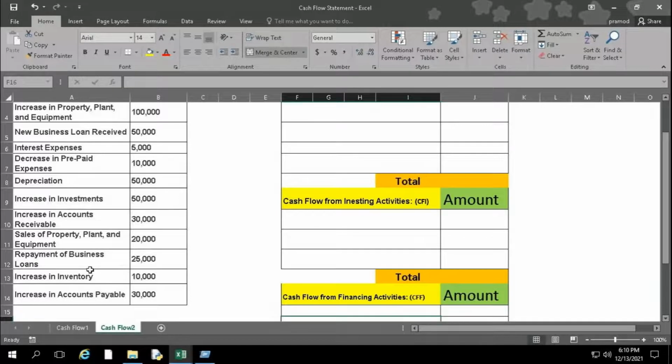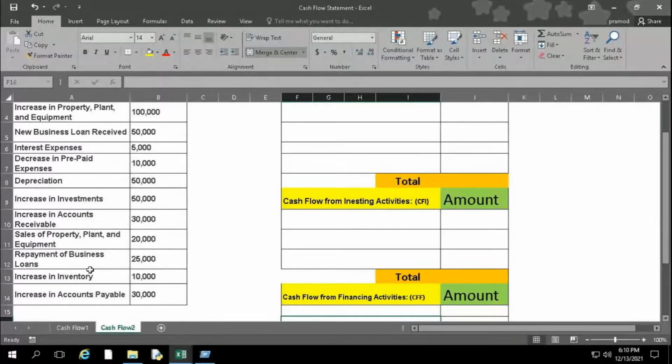So I'll tell you the total amount, just a second. 50,000. So the final cash is 50,000. So I'm getting 2 lakhs. What all did you enter in operating activities?